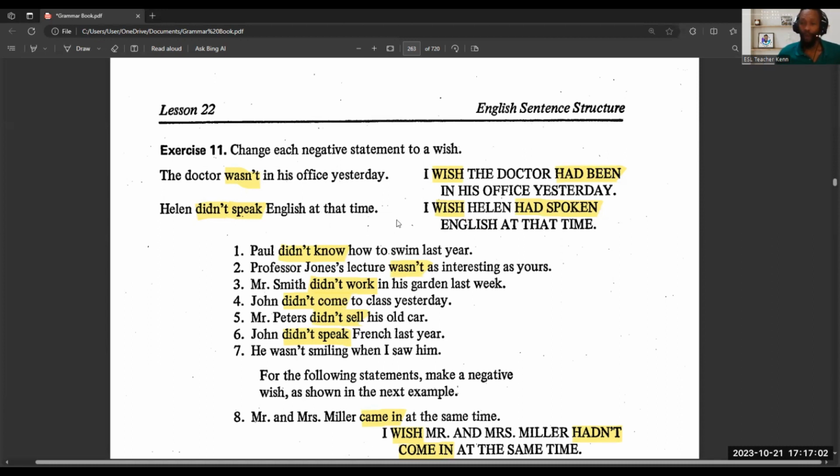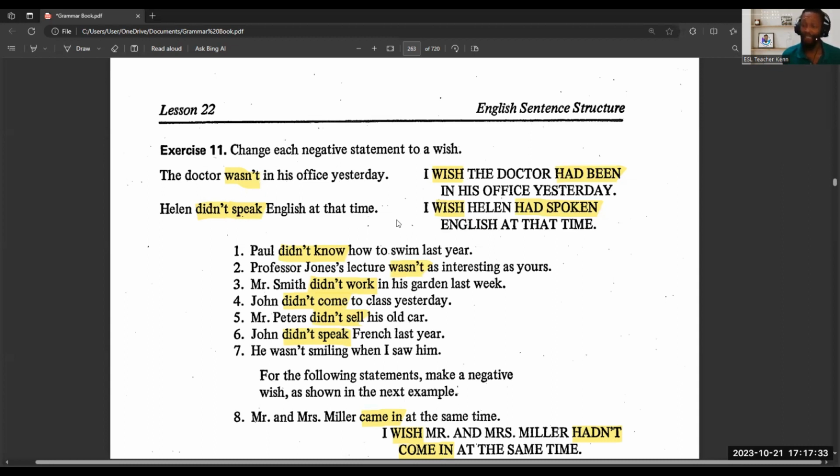The doctor wasn't in his office yesterday. Sorry, let me go again with that one. The doctor wasn't in his office yesterday. I wish the doctor had been in his office yesterday. Helen didn't speak English at that time.